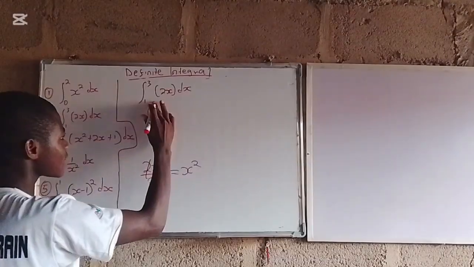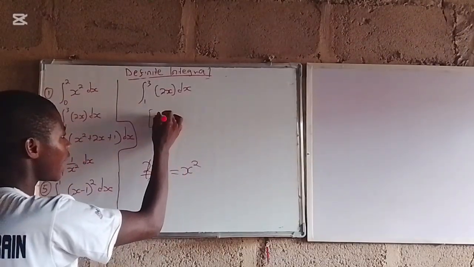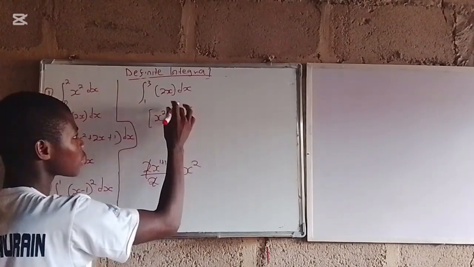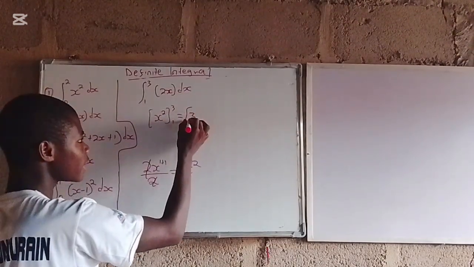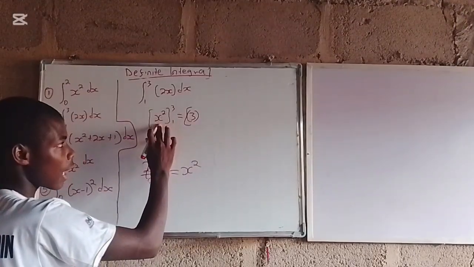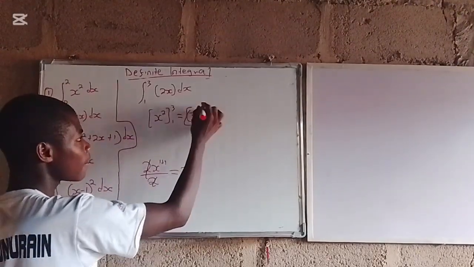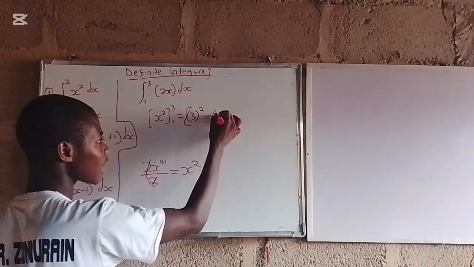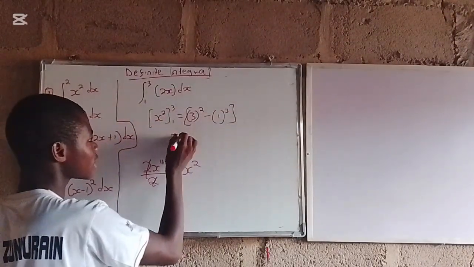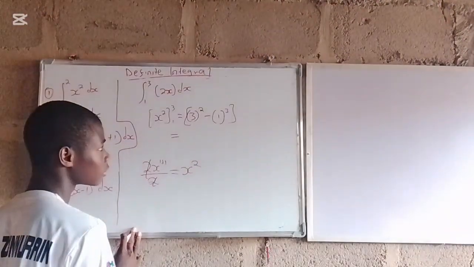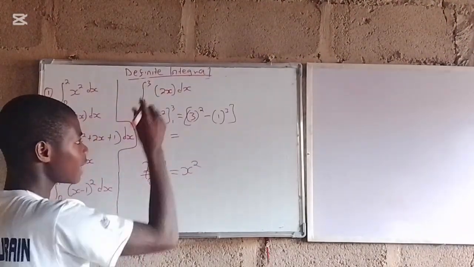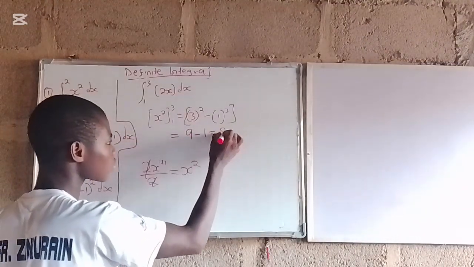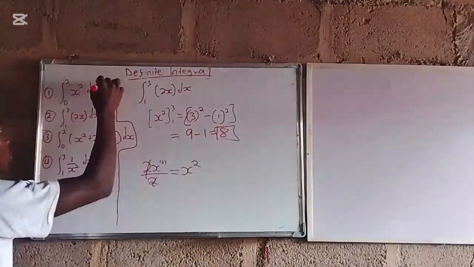So this is 3 squared, which is 9, minus 1, which equals 8. So 8 is the solution to the second question.